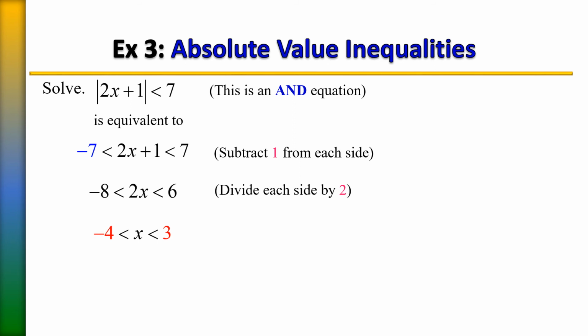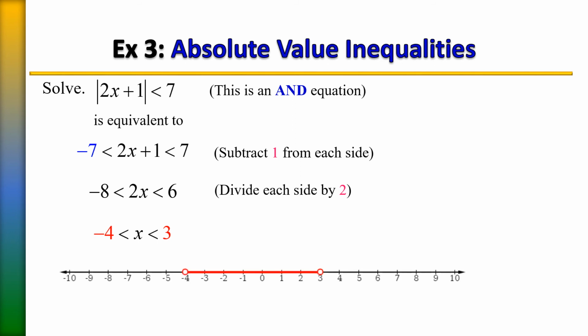So you're going to go ahead and put open circles there. And then simply write it in interval notation form. So you know when it doesn't include the number, we use parentheses, so that's going to be parentheses -4, comma, all the way to 3, close parentheses. And that's how you would write it in interval notation form.